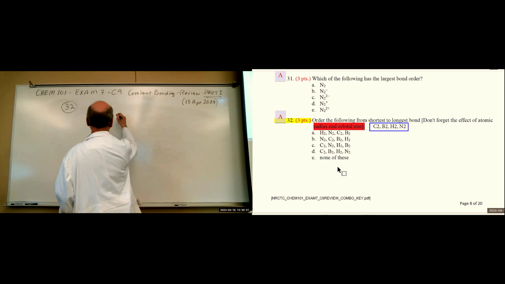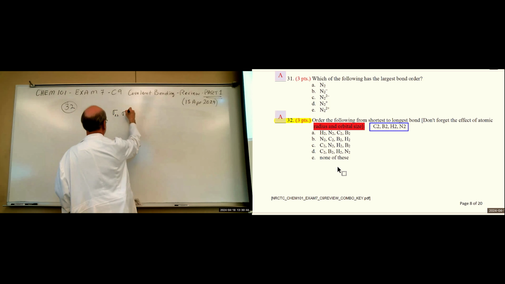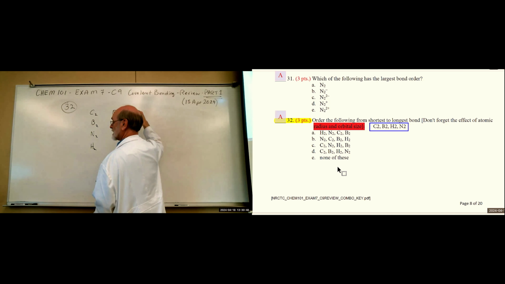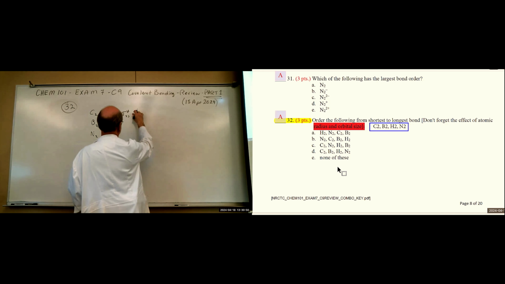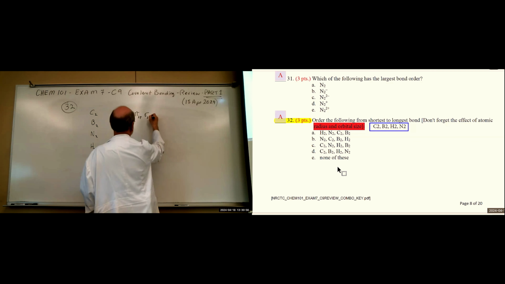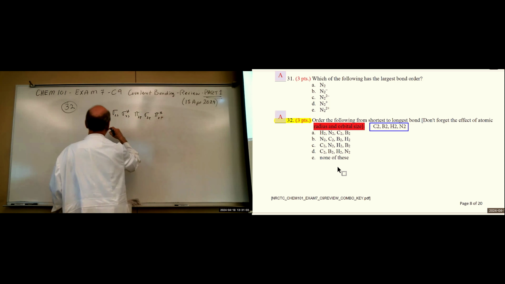Carbon is going to be sigma 2s, sigma star 2s, and this is sp mixing. So the next one will be pi 2p and sigma 2p, and then if we keep going, it'll be pi star 2p. We may need it, we may not.